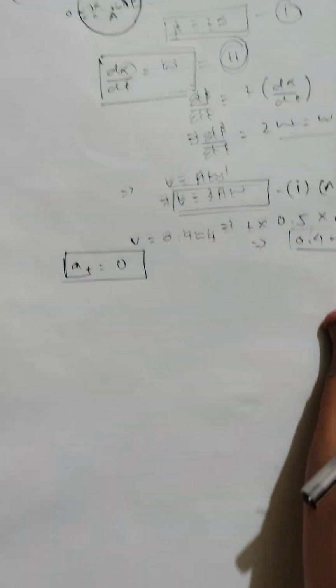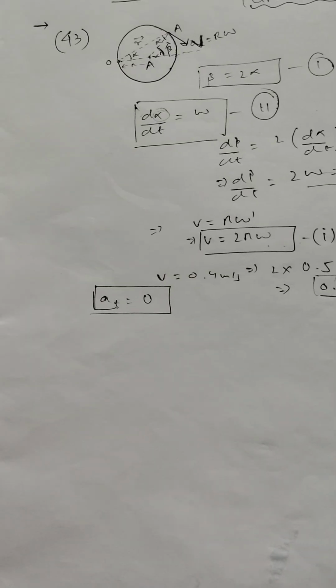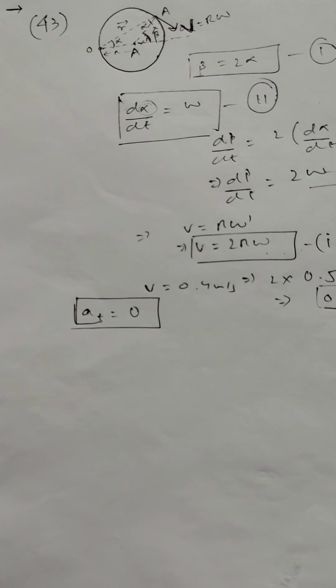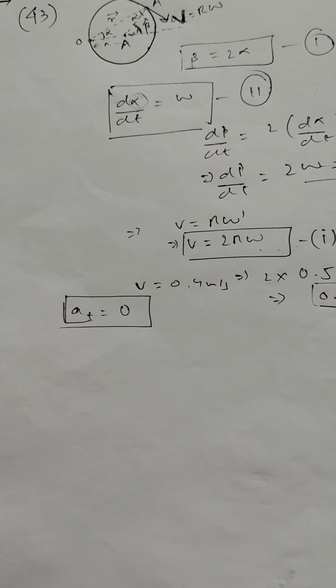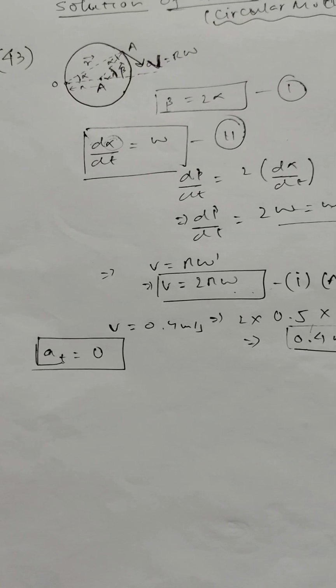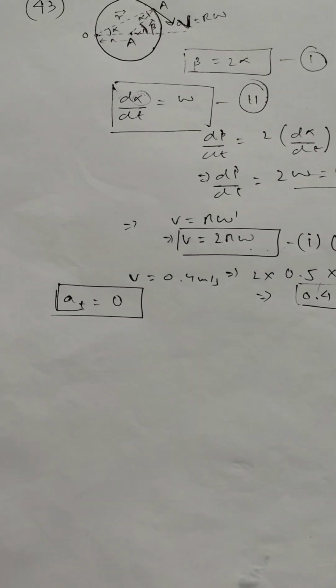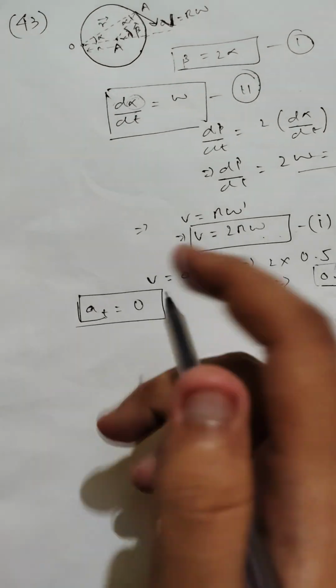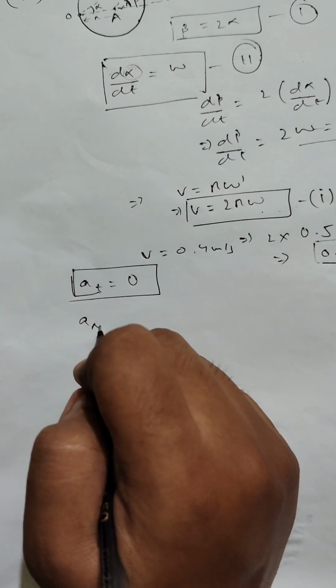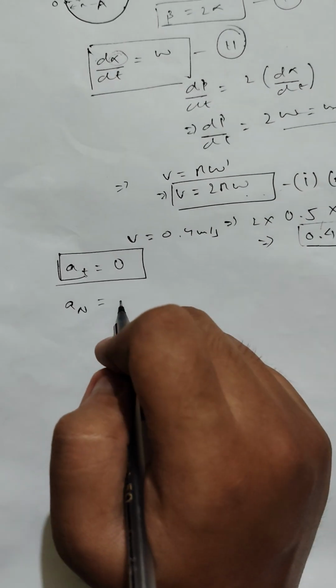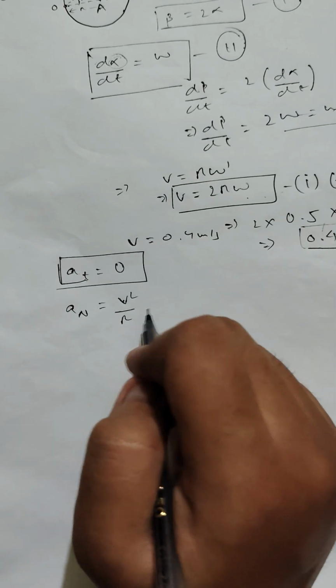So what does a_t equals 0 mean? It means that the particle performs a uniform circular motion, because in the tangential direction there is nothing to change its speed, right? So a_t equals 0. This is the tangential part. Let's talk about the centripetal acceleration, that is v squared by r.